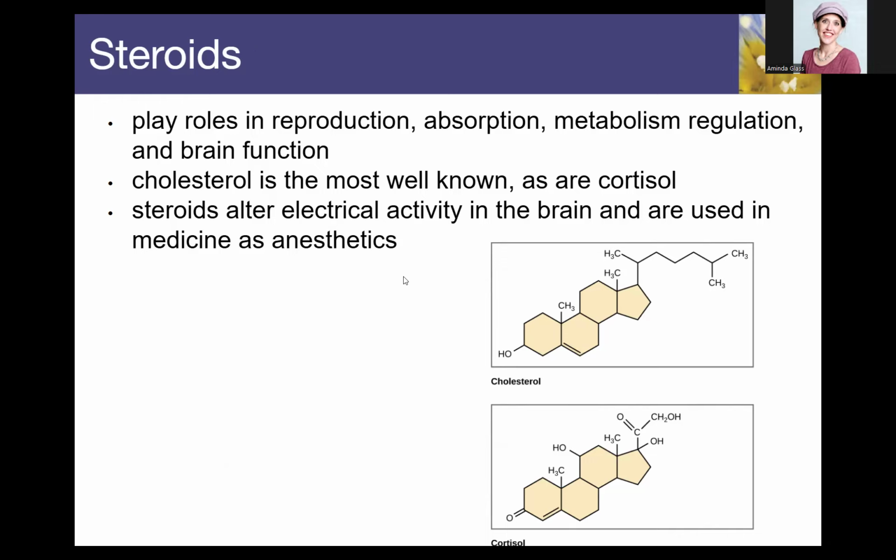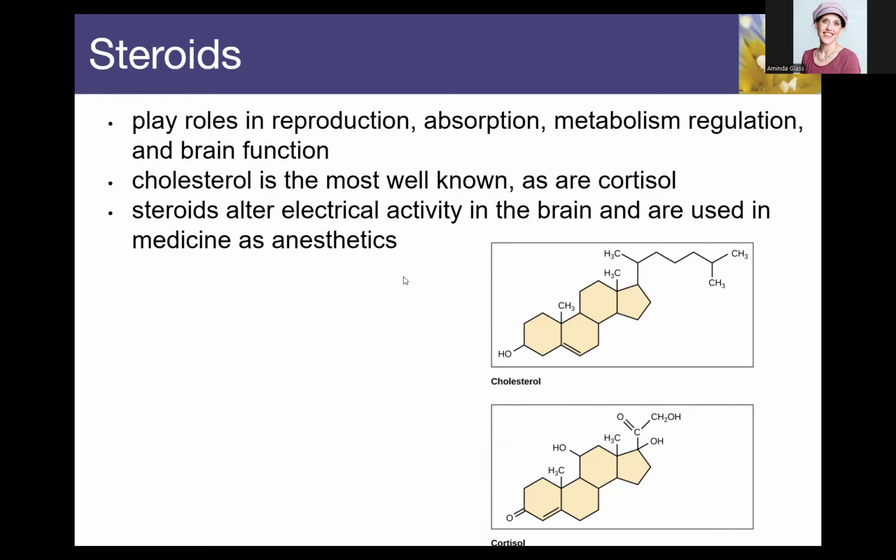Cortisol is activated during our fight or flight response. It's activated in times of stress. Steroids will alter electrical activity in the brain, and they're used in medicine as anesthetics.